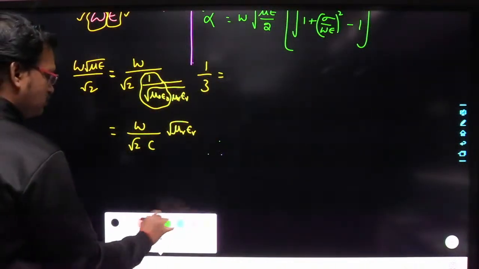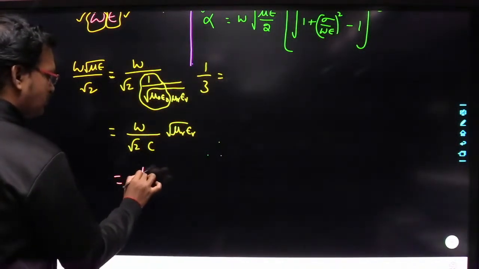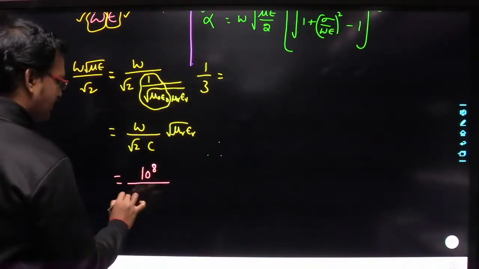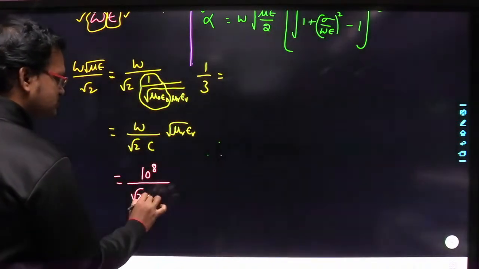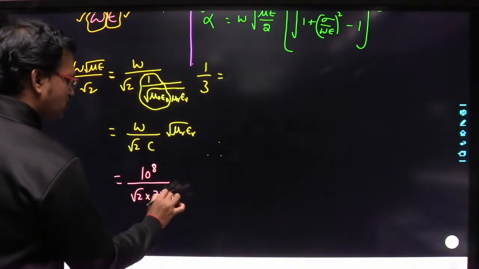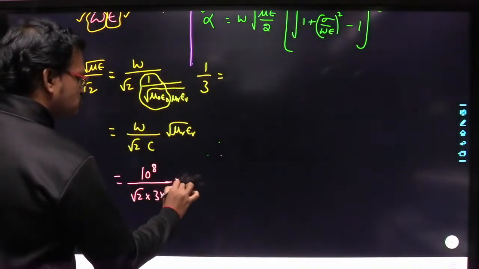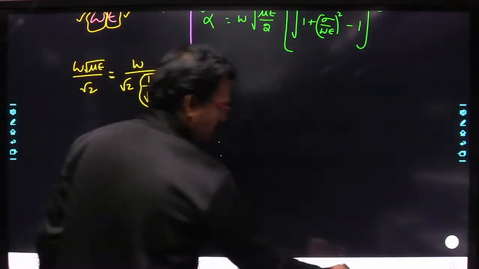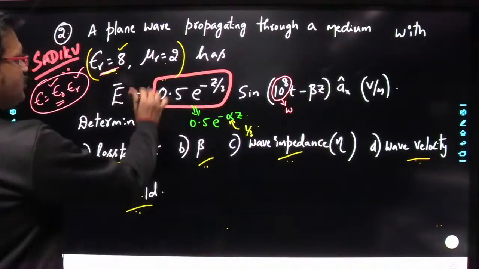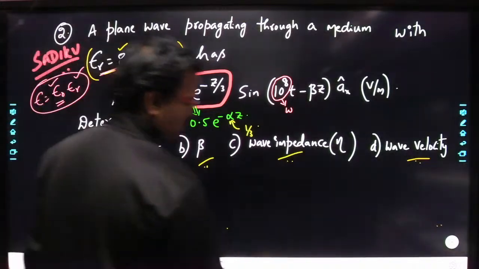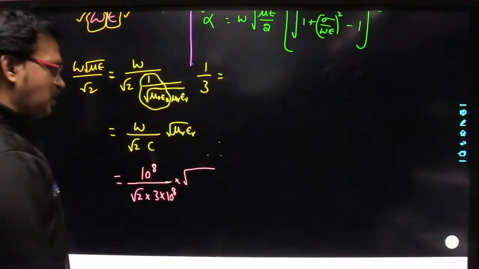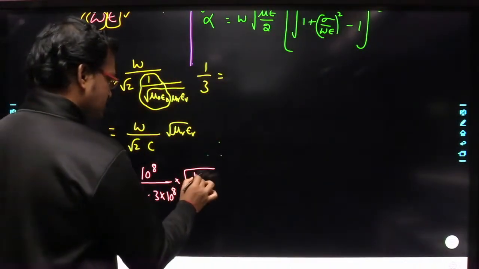So the omega value they have given as 10 power 8, divided by root 2 into c value, which is nothing but 3 into 10 power 8, into square root of mu r epsilon r. Mu r value they have given as 2, epsilon r value is 8. So mu r into epsilon r, that is 8 into 2, that is 16.